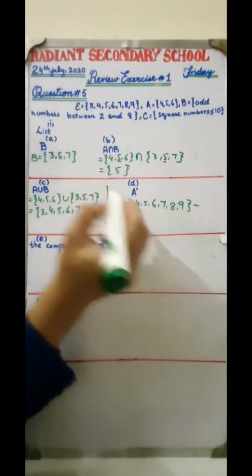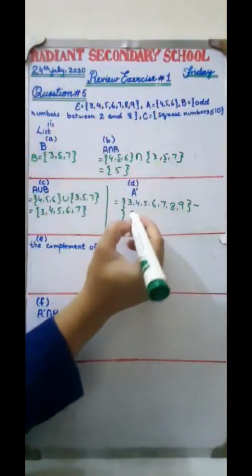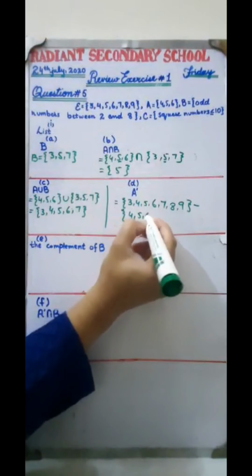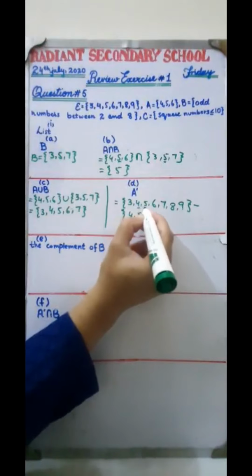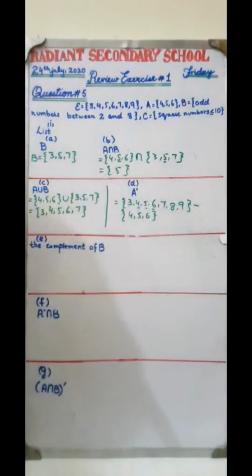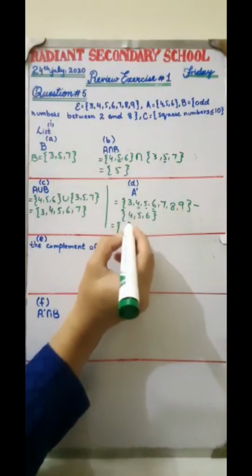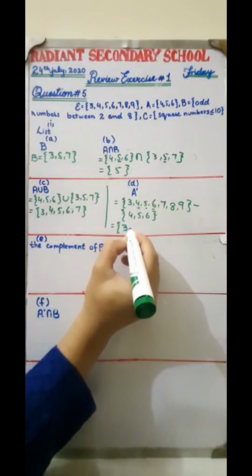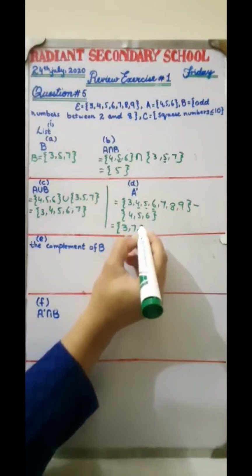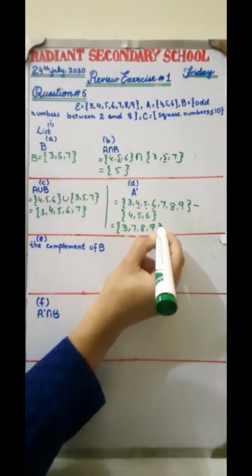A set is this one, 4, 5 and 6. We subtract 4, 5, 6 from the universal set, and the remaining elements from the first set are 3, 7, 8 and 9.